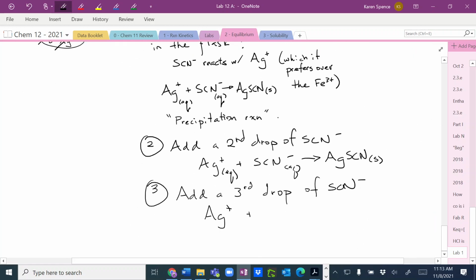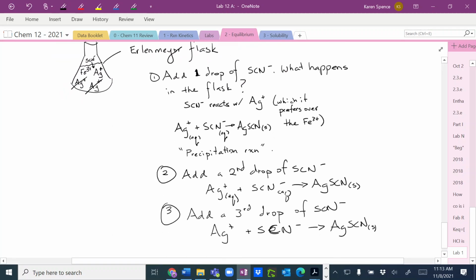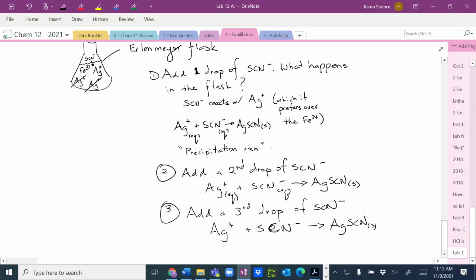Ag plus SCN minus goes to AgSCN solid. Okay? So the solution is getting, what would it look like if we've got a white precipitate forming in it? It looks cloudier.